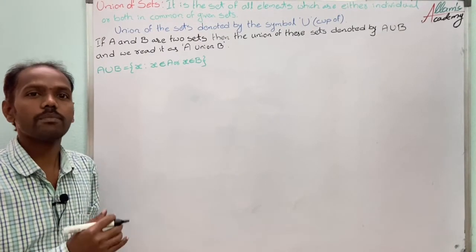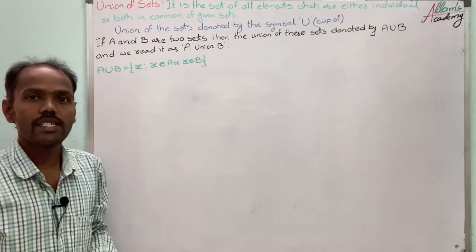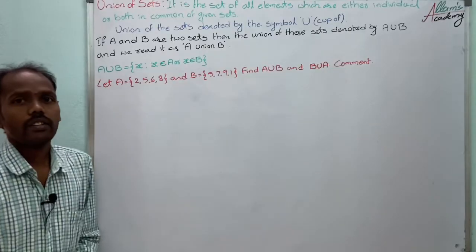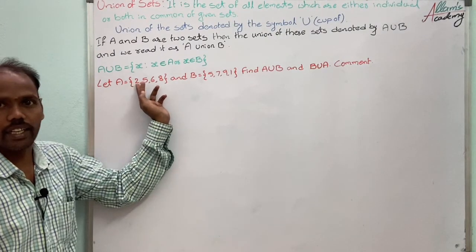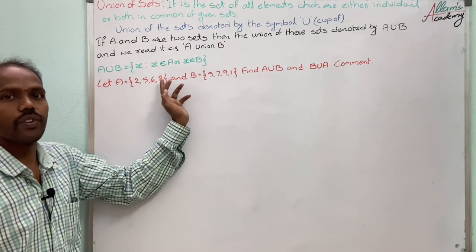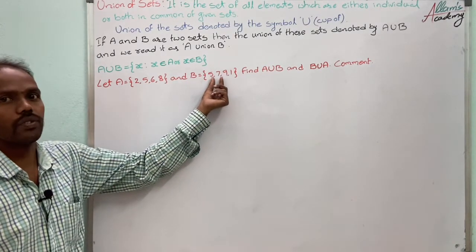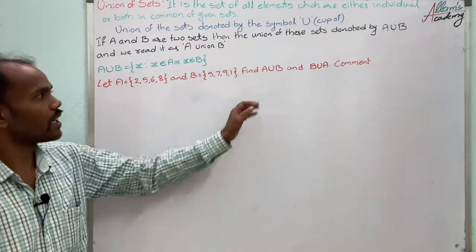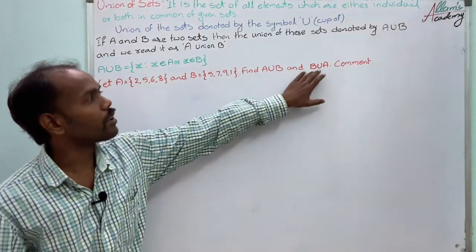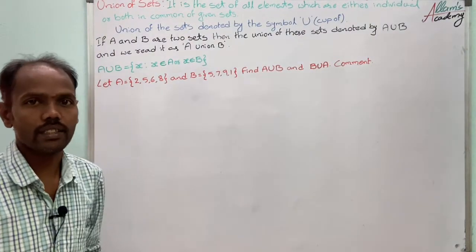Now we see some examples of union of sets. Here a question is given: the set A equals {2, 5, 6, 8} and the set B equals {5, 7, 9, 1}. Find A union B and B union A, and comment on it.